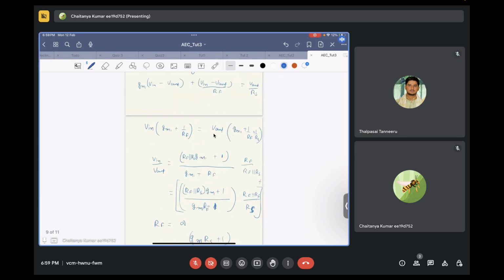See, over here you have V out by V in, right? So it will be GMRF plus 1 divided by, this will be the opposite, the reciprocal of this.